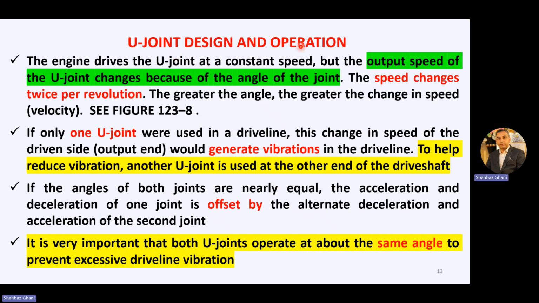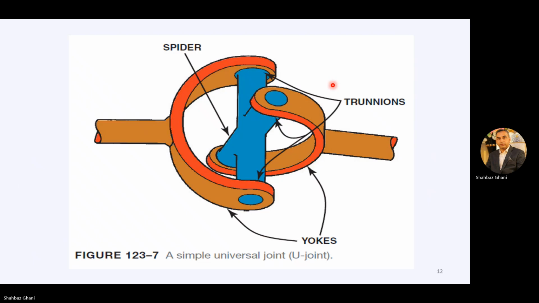U-joints design and operation. The engine drives the U-joint at a constant speed, but the output speed of the U-joint changes because of the angle of the joint. If input is coming from this side, but output is going out this side, there is an angle here.